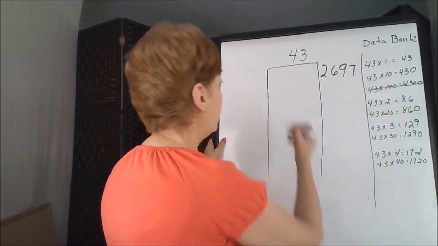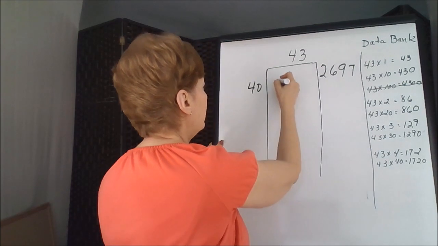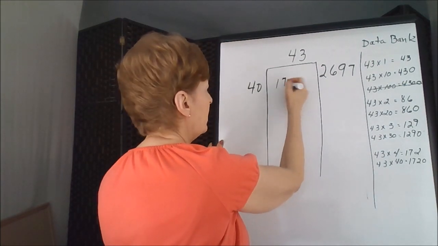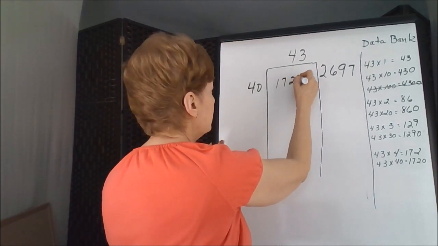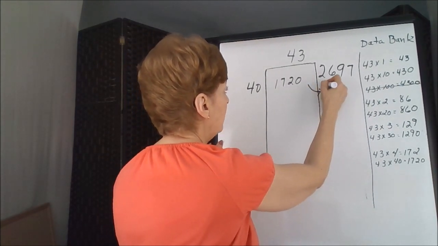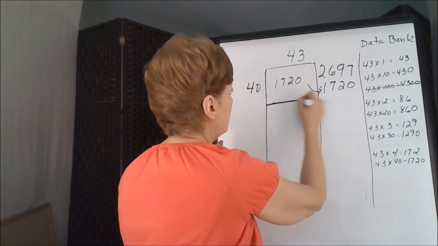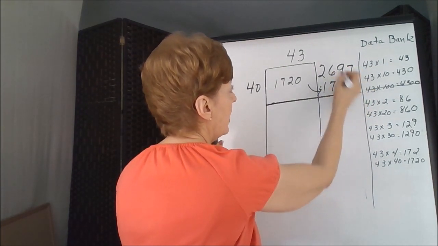Let's take a 40 out of this at this point. 40 times 43 multiplies to 1720. So let's take that out in order to subtract. This is what we're subtracting off of the entire amount.